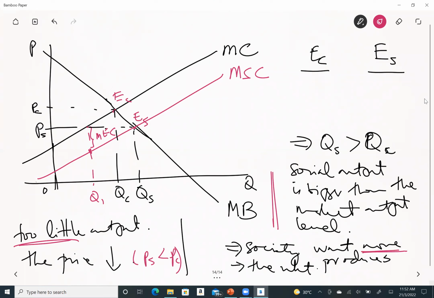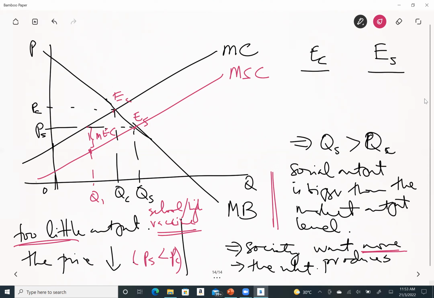An example is production of vaccination, production of a school, a highway. One good example is the production of vaccine, the COVID-19 vaccine. That is the latest example.